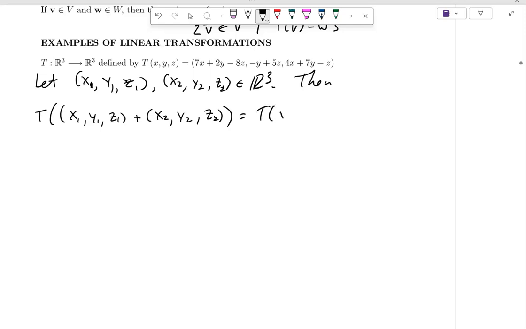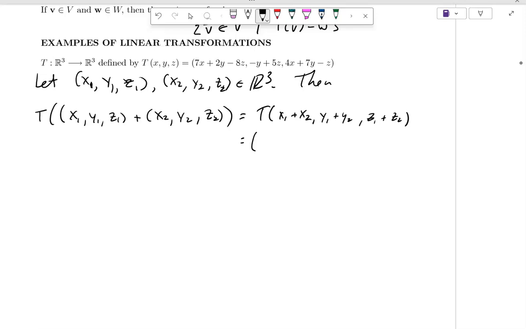So I need to do T of x1 plus x2, y1 plus y2, z1 plus z2. Now apply the transformation. So now it just says plug it in.